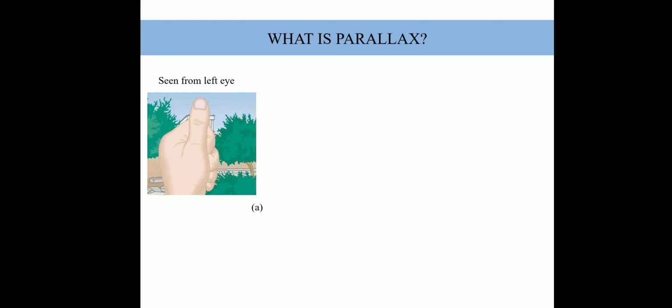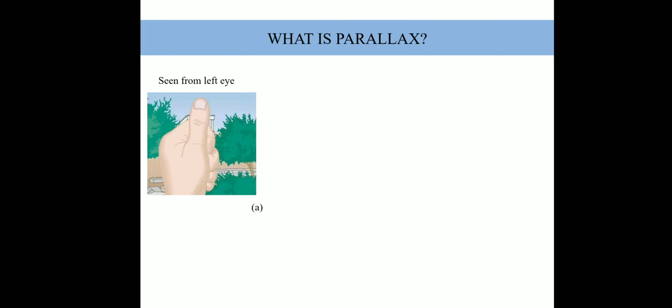We will see how. For example, let's say we have closed our right eye, and we are looking at the thumb with our left eye only. The thumb appears to be crossing one pillar of this building in the background.